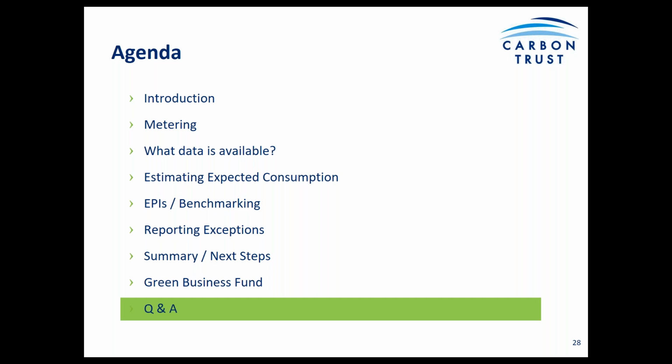And as long as the offices and warehouse are separately metered, then you should be able to compare the energy consumption of both those parts of the site with best practice benchmarks, and then also have a comparison of best practice for the overall site as well.